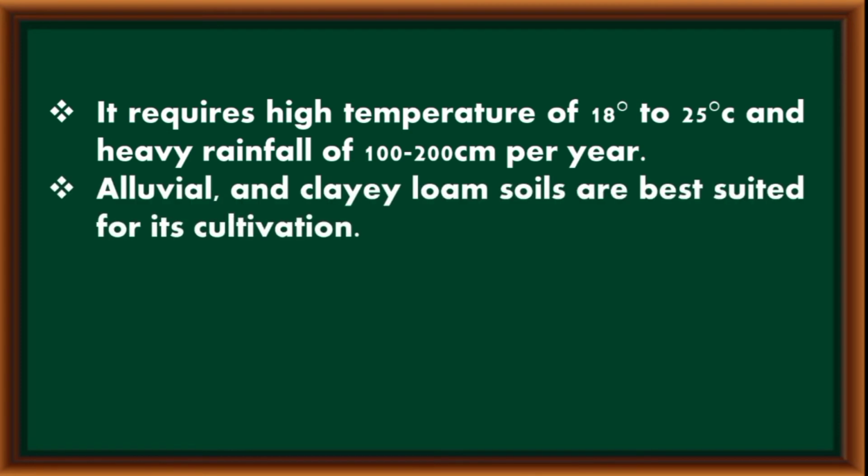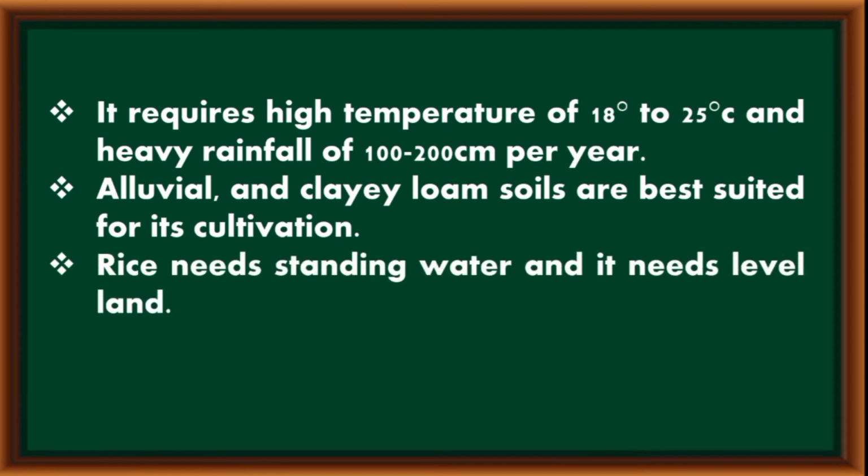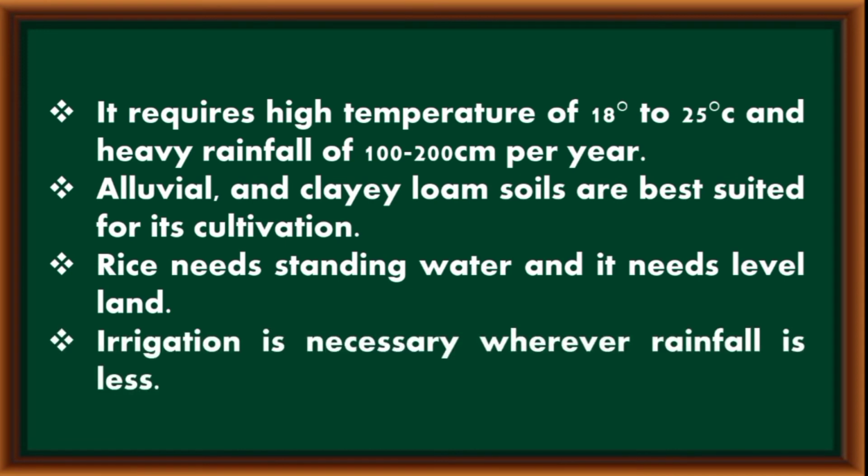Alluvial and clay loam soils are best suited for its cultivation. Rice needs standing water and it needs level land. Irrigation is necessary wherever rainfall is less. These are all about the conditions required for rice cultivation.